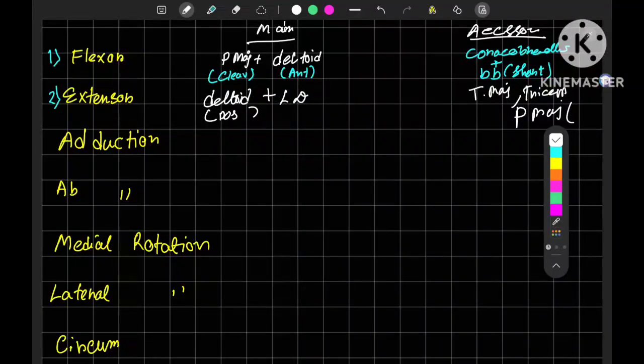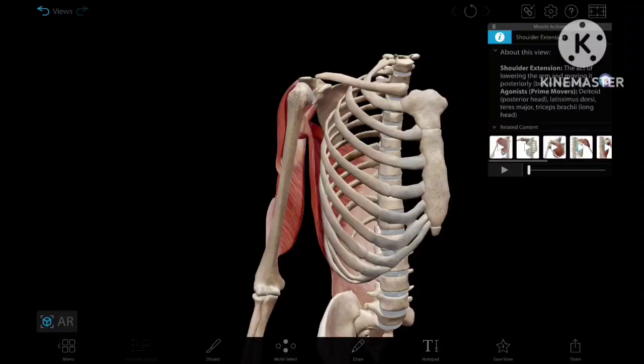You have to mention the head, but the accessory muscles, if you remember the names you can add, but you don't have to write all of them. Let me show you the picture.